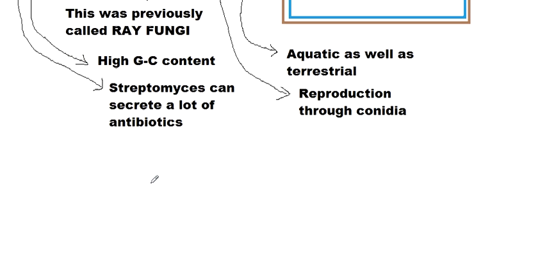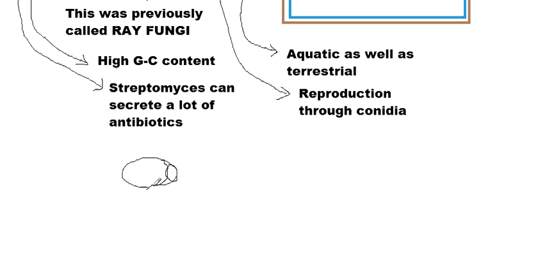So if this is a bacterium, I'm drawing it in circular shape. Let me take the example of Streptomyces bacteria, which we are talking about for the secretion of antibiotics. It will pinch a portion of the cytoplasm out.